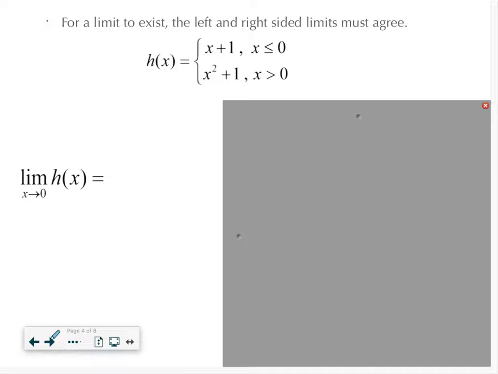I'm asking us to find the limit as x approaches 0. Does anybody have an issue with the limit being at 0?